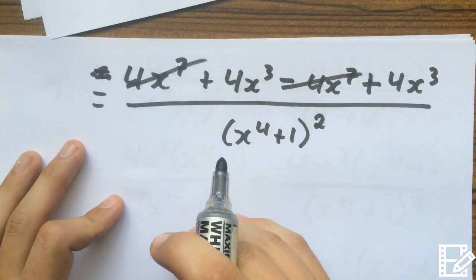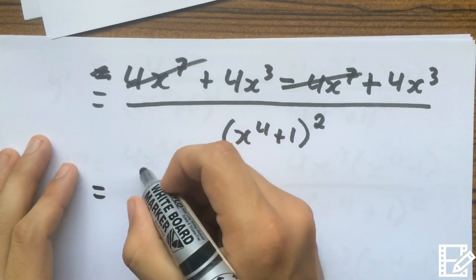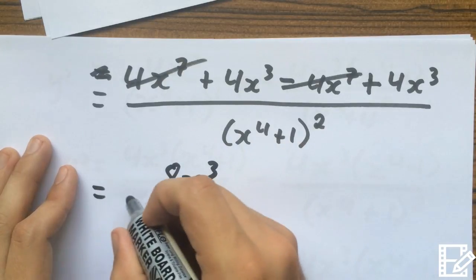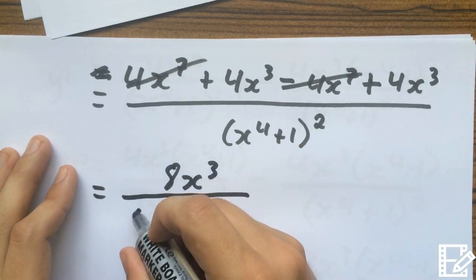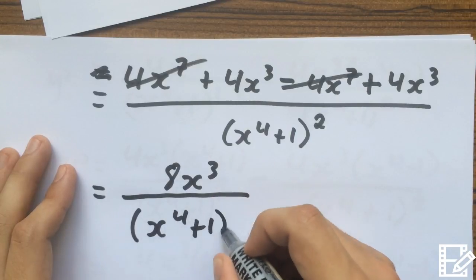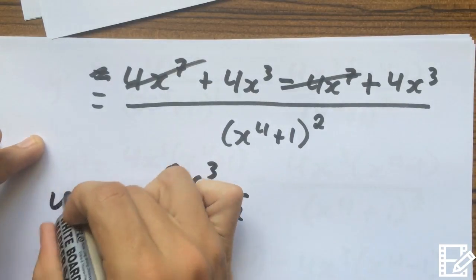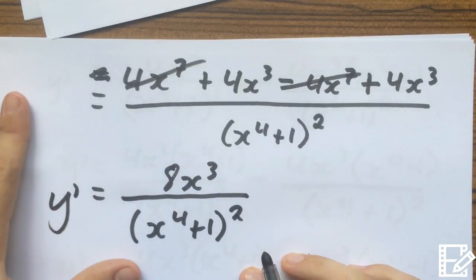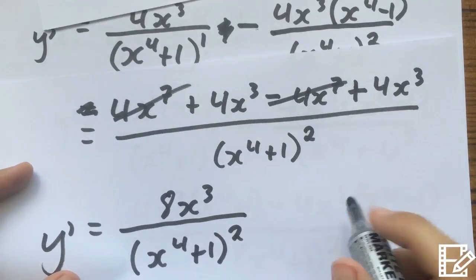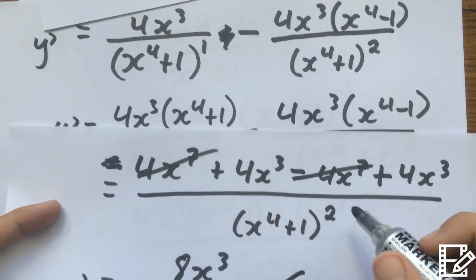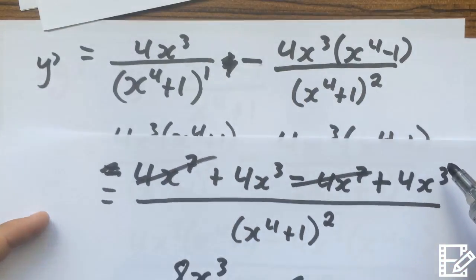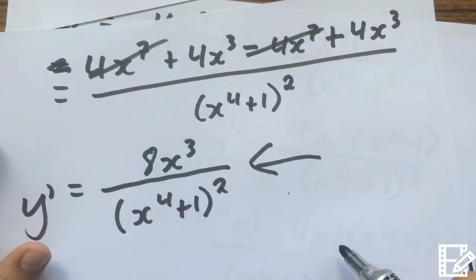We're going to add these together and get 8x to the power of 3 all over x to the power of 4 plus 1 squared. And that is much more simplified than this. Even though this is probably good enough, this is more simplified.